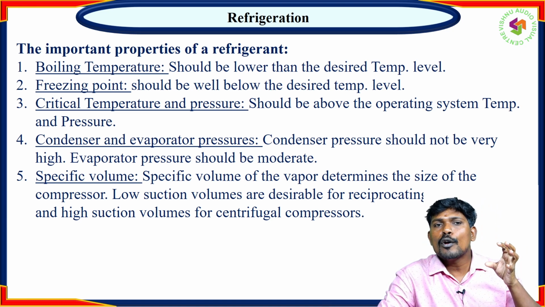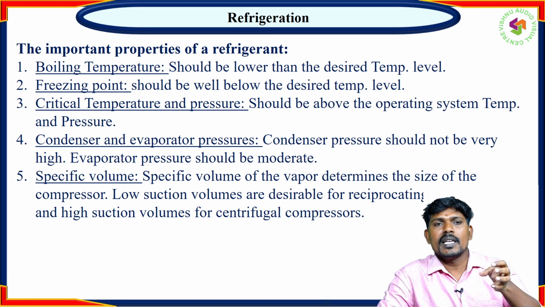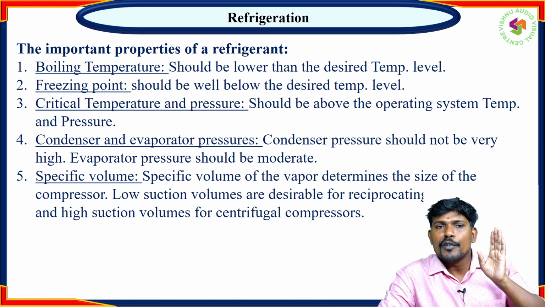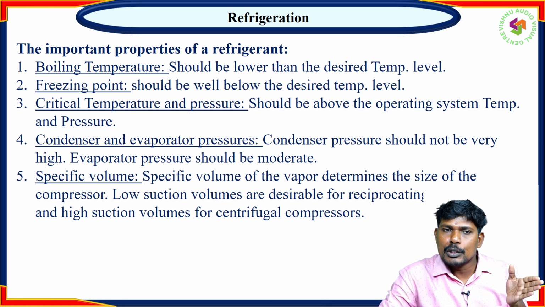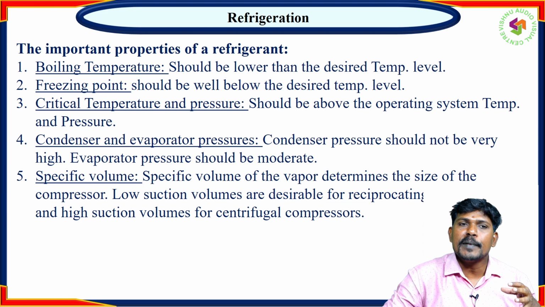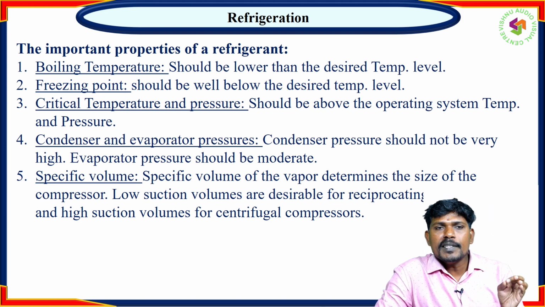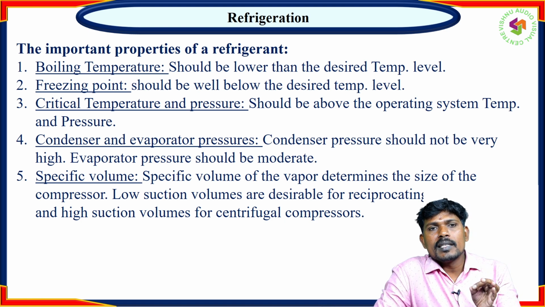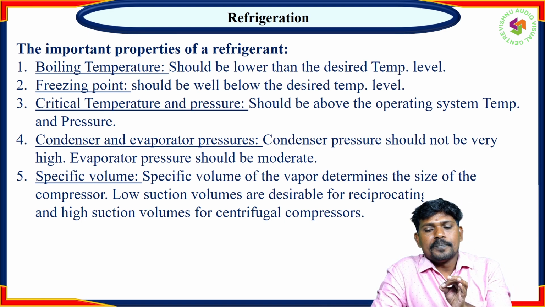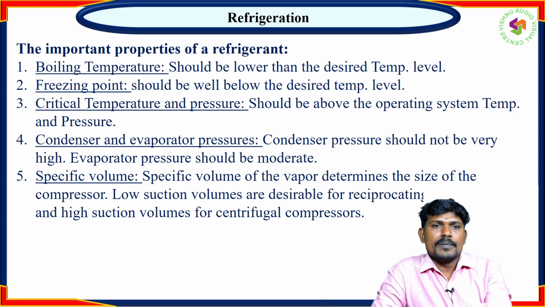For example, if you want to maintain the refrigeration temperature at 0 degrees centigrade, then the boiling point of your refrigerant must be lower than 0 degrees centigrade. Next, freezing point. The refrigerant freezing point should be lower than the desired refrigeration temperature.